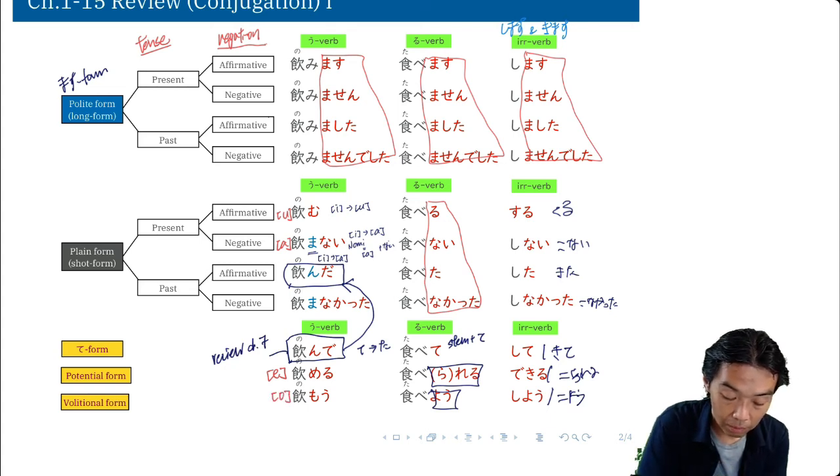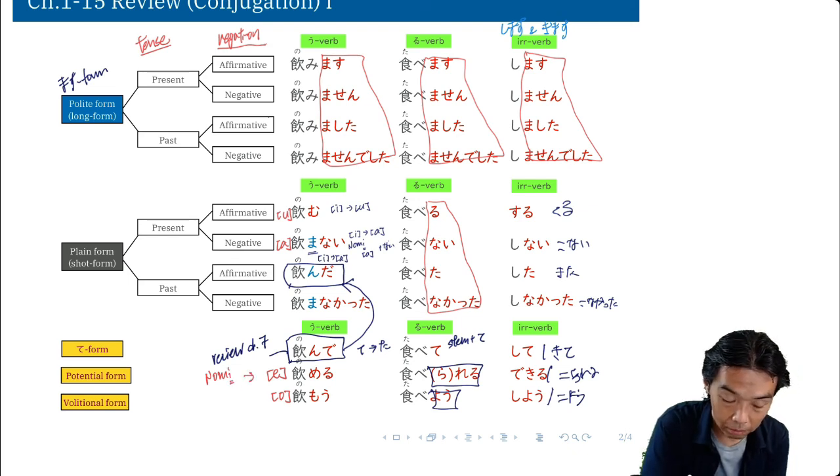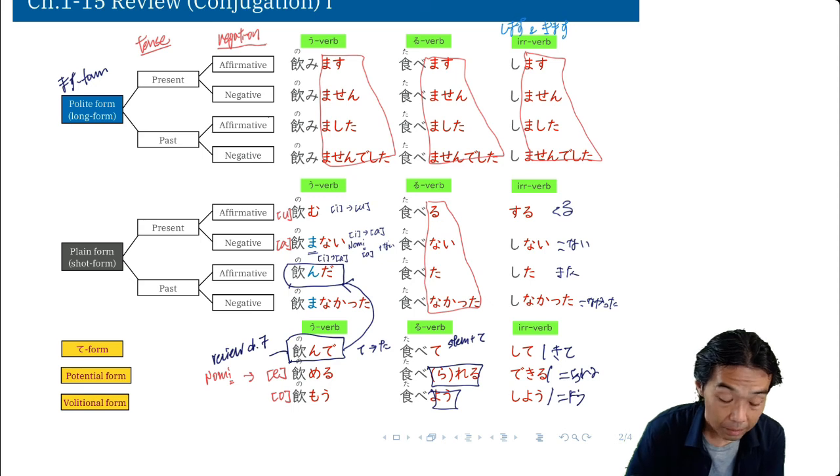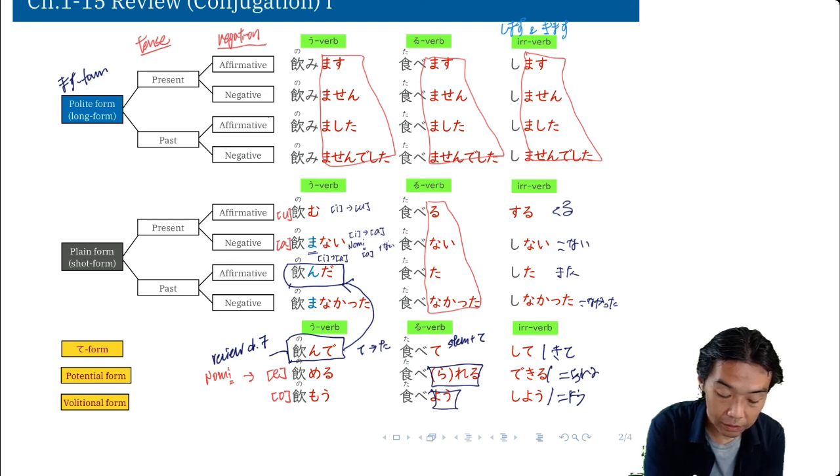Okay, so what we are doing is, nomi, the last I sound becomes E: nomeru. Kaki becomes kakeru. Yomi becomes yomeru. So this is E sound.